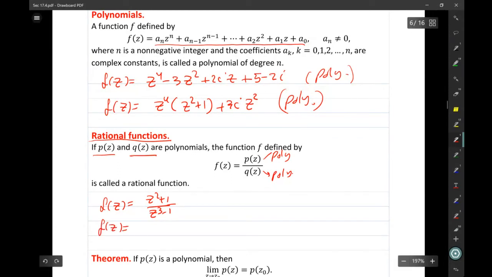If f of z is equal to 1 by z squared plus 3z, or f of z is equal to 1 by z plus z, because this is equal to 1 plus z squared by z, all of those are rational complex functions.